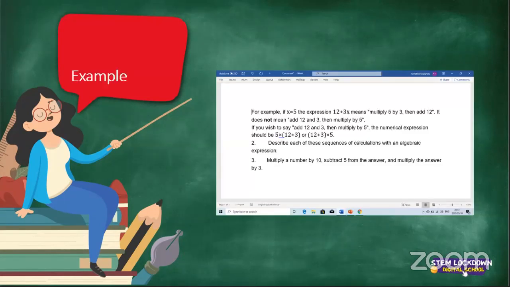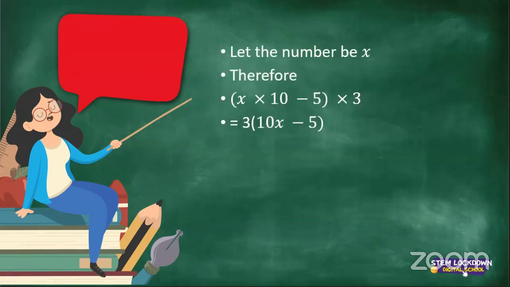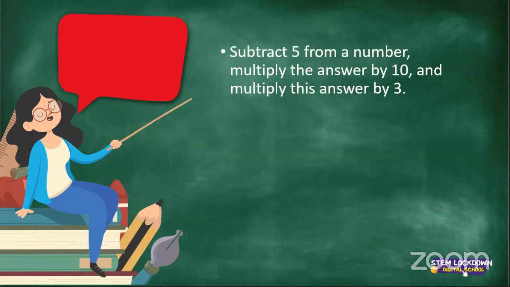The next one, you are told to subtract 5 from a number, and then you multiply the answer by 10 and multiply this answer by 3. This is a word problem which requires that you understand how to subtract 5 from a number, and thereafter multiply the answer by 10 and multiply this answer by 3.